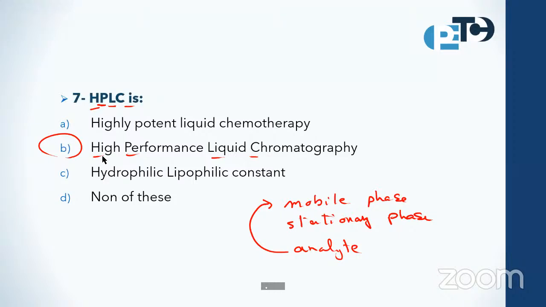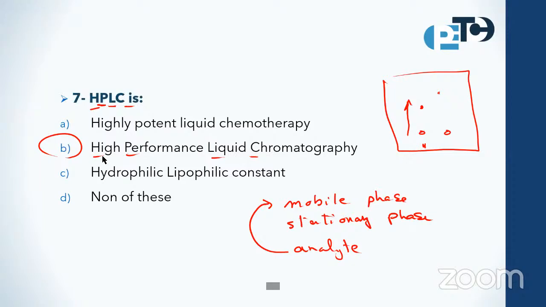So if we have 2 or 3 substances moving with the mobile phase through the stationary phase, it will stop substance number 1 at this point, and substance number 2 at this point. So here we have a method for separation between substances or knowing the identity of the substance.